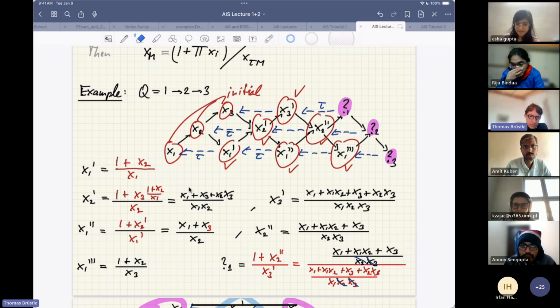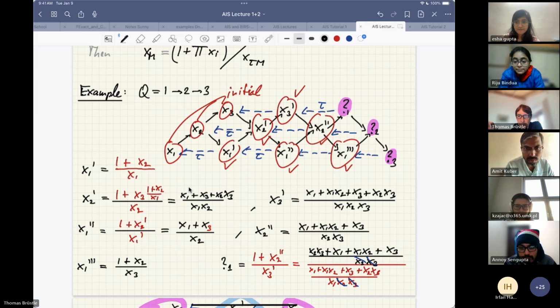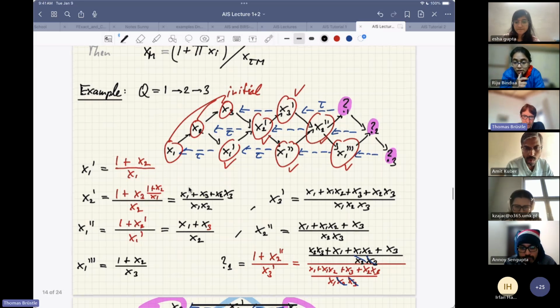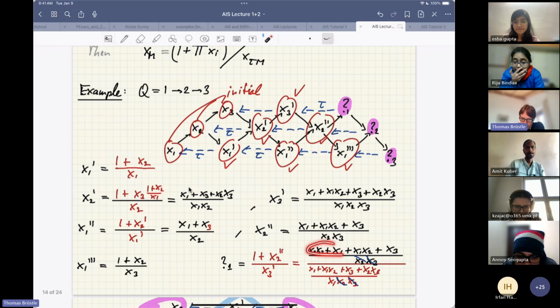So there was 1 plus... let me bring this onto a common denominator. I do some painful calculations here with you. Hopefully I don't mess it up. So 1 plus the common denominator, which creates x2, x3 plus. That's okay? Okay. And then if we compare what do I have here and what do I have here?